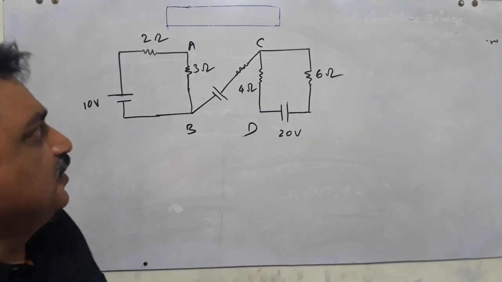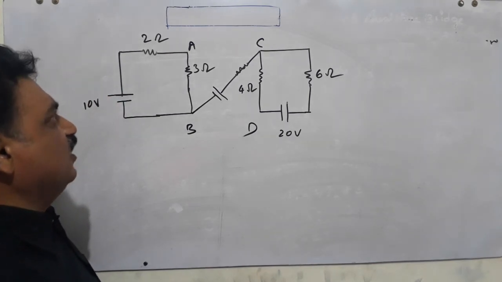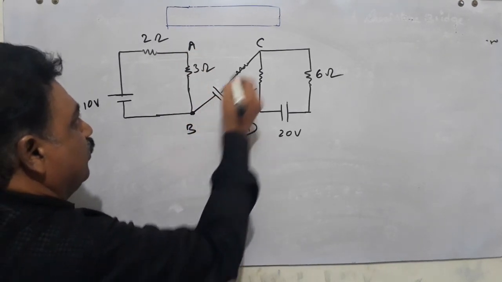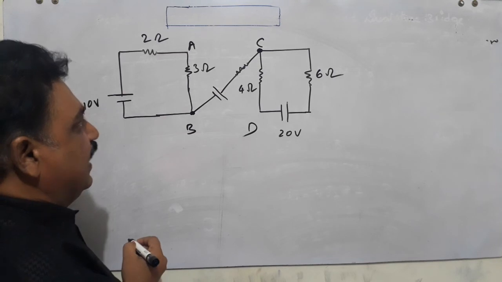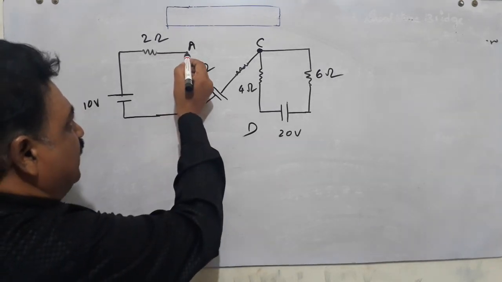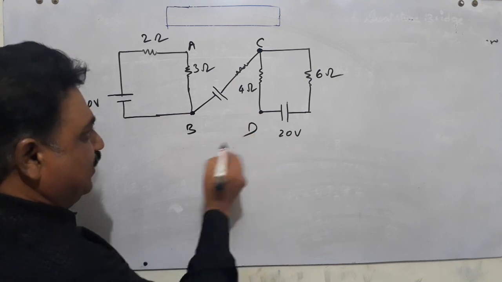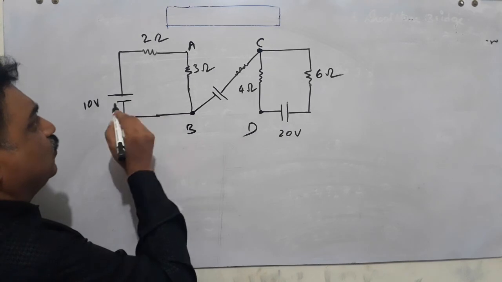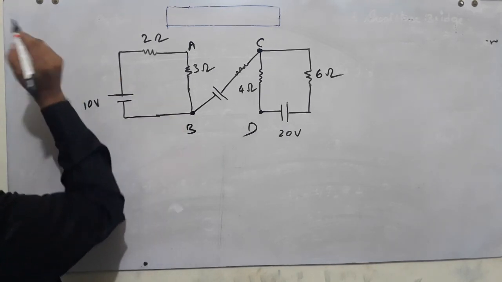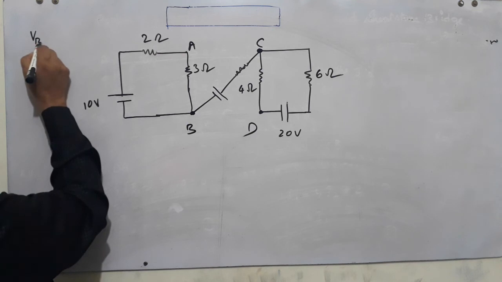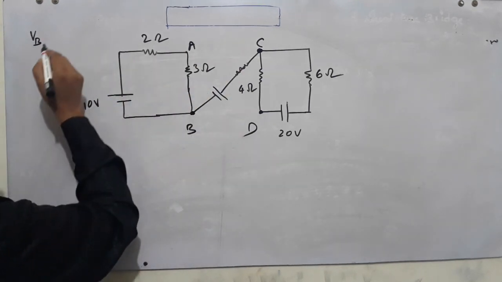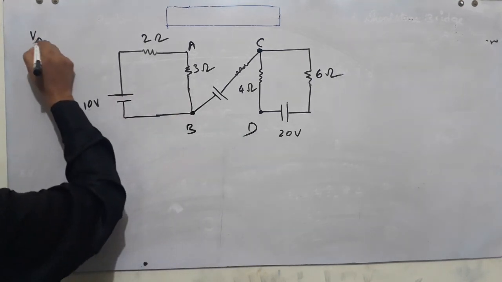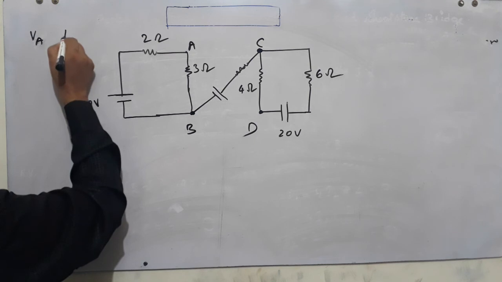Students, see, in this network you may be asked about the potential difference between B and C, as well as the potential difference between A and D, etc. See, here I am going to first resolve the potential difference between B and C, B and A and D. What is the potential difference between A and D?